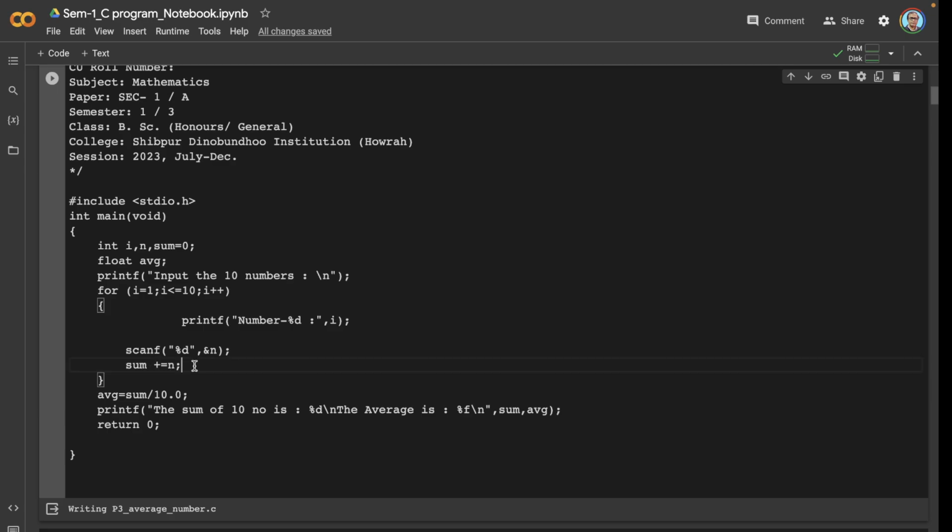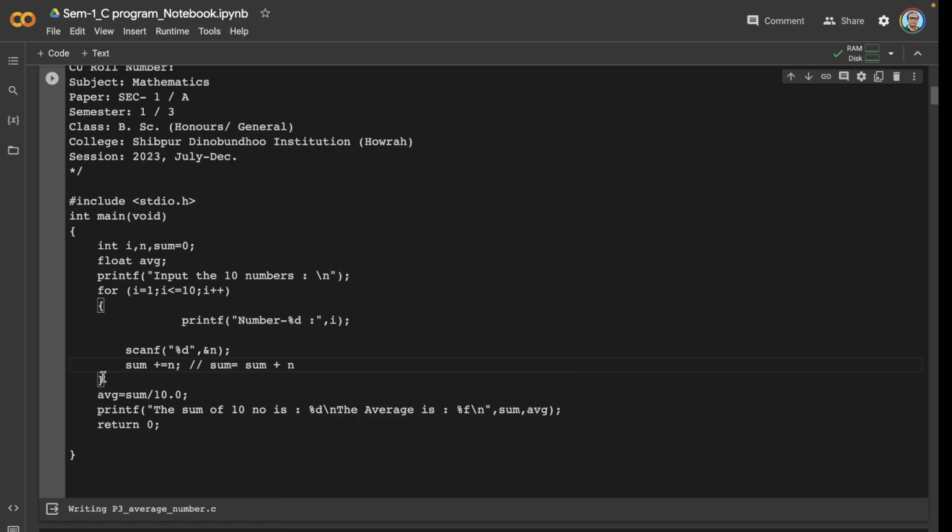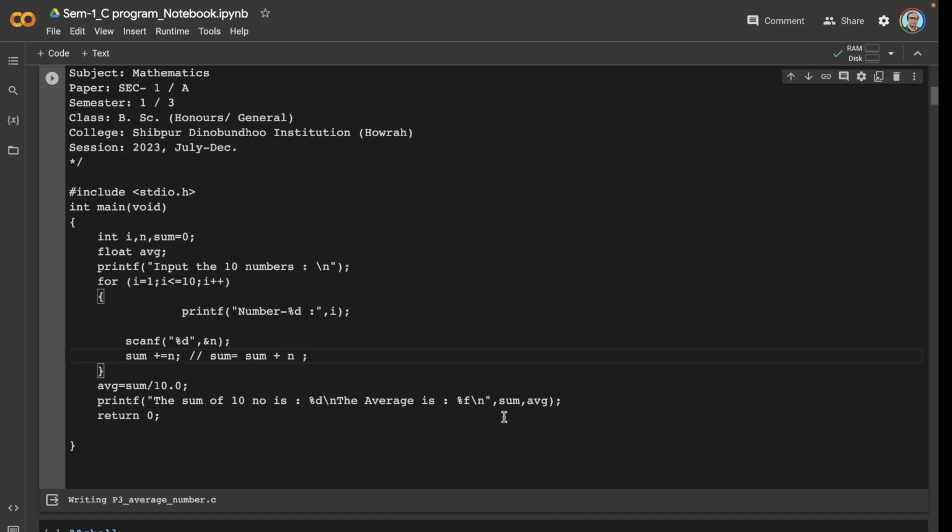That means sum equals to sum plus n. The sum plus equals is an assignment operator, equal to sum plus n. Average is the floating variable, sum divided by 10. So printf the average of the sum.